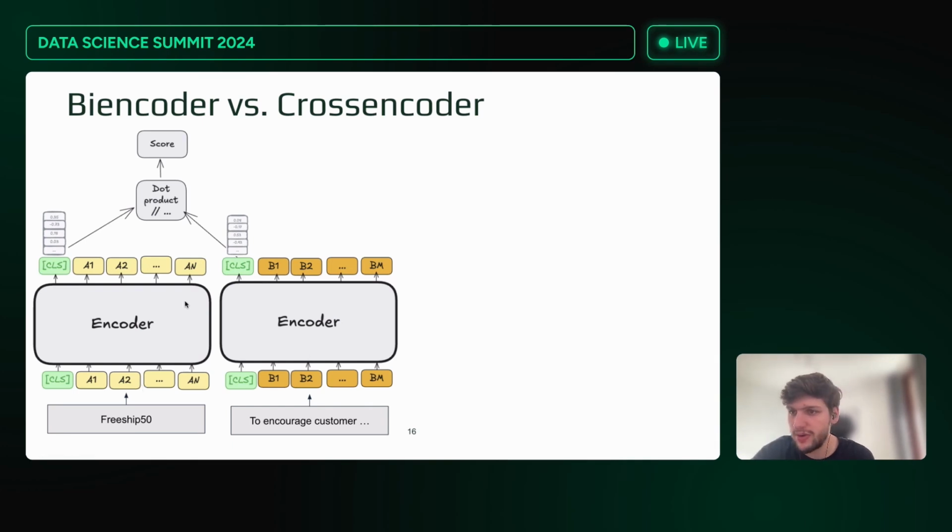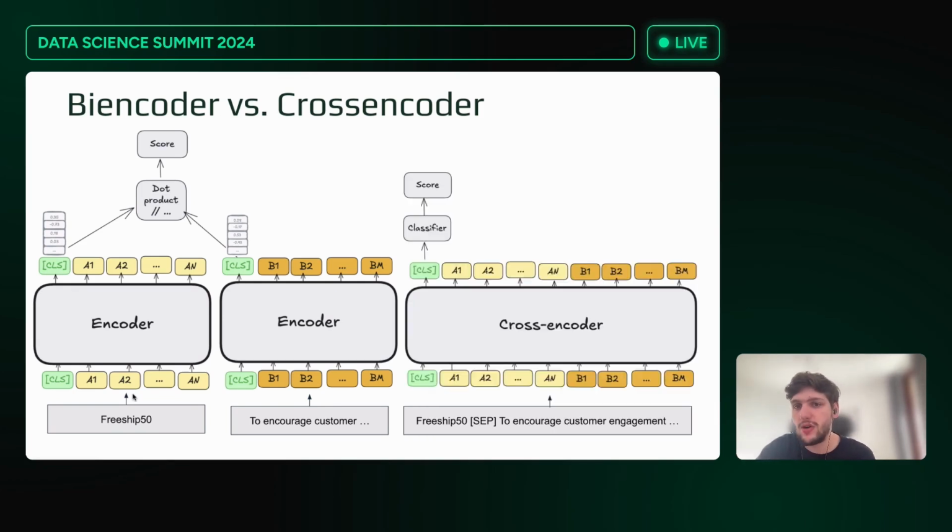So as the search queries come in a real-time setting, for example, where latency actually matters, we'd only have to compute the embedding for the search query free ship 50. But since we're doing this content gaps analysis continuously in the background, asynchronously, we are not constrained by latency applications.